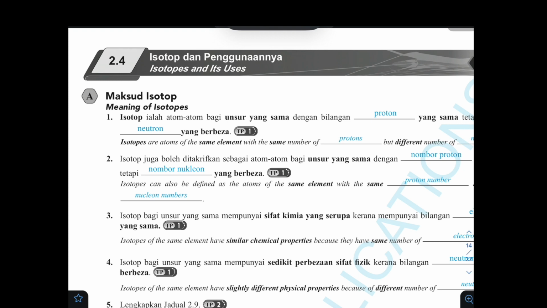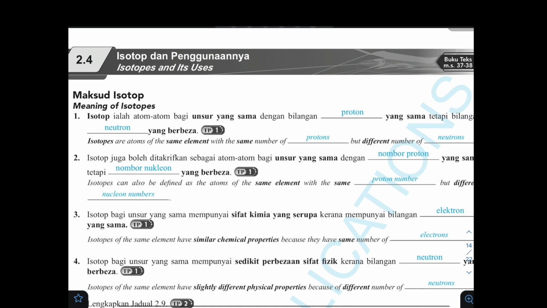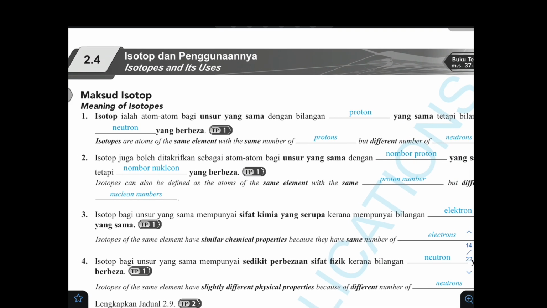Baik. I want to proceed to the next subtopic, which is isotope and its uses. What is isotope? Isotopes are atoms of the same element with the same number of protons but different number of neutrons. Isotop ni apa?